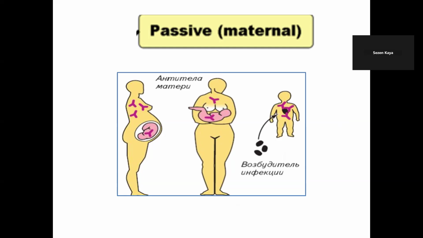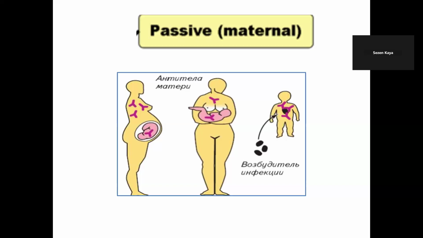If the woman continues lactation and feeds her baby with milk, the baby also receives these immunoglobulins all the time. And if some infection comes to this baby's body, the baby is protected by the mother's immunoglobulins.